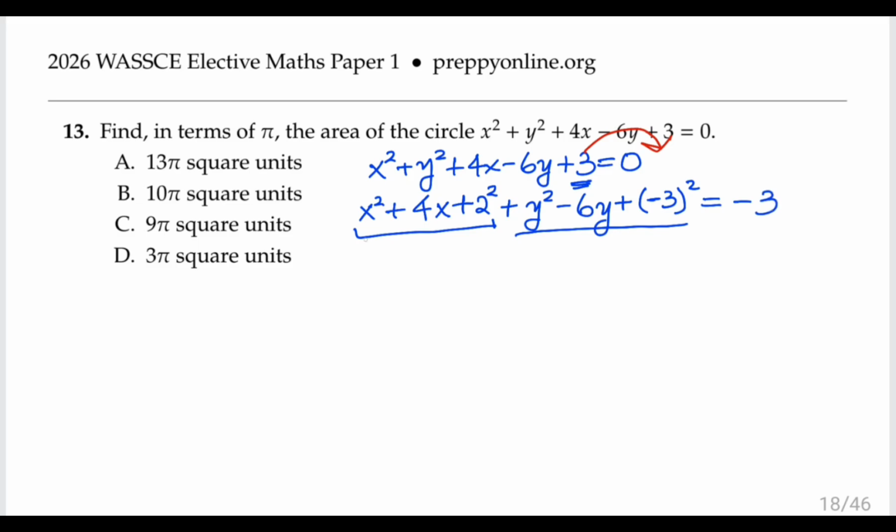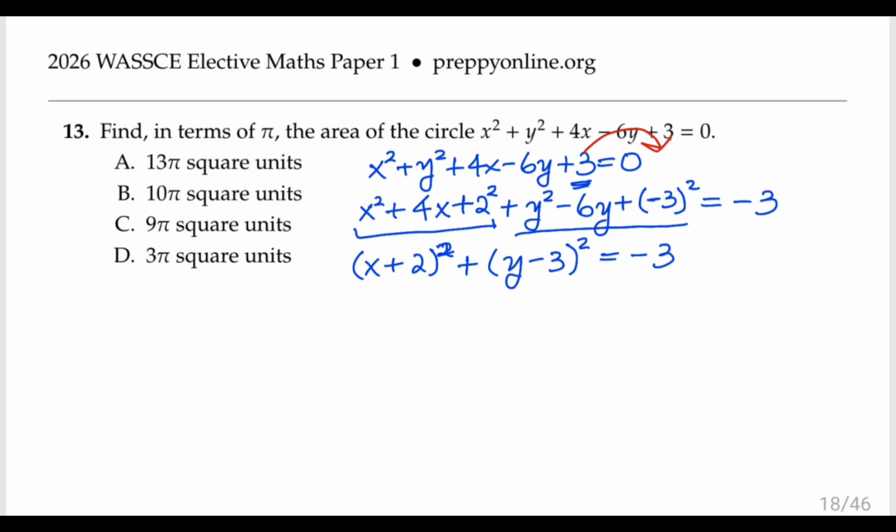We continue what we started. We're trying to make this a perfect square, and we've succeeded. This is equal to (x plus 2) all squared. And here too, we have (y minus 3) all squared. And this is equal to minus 3.